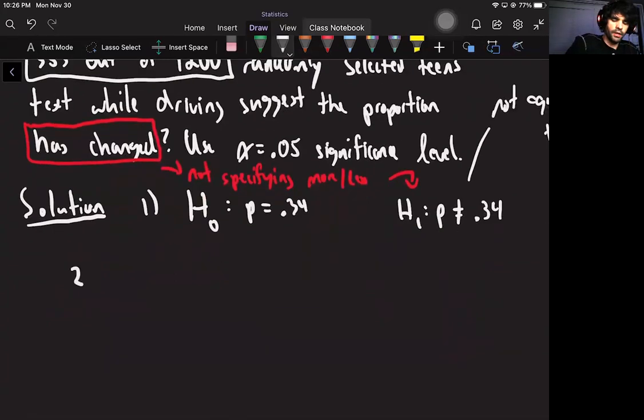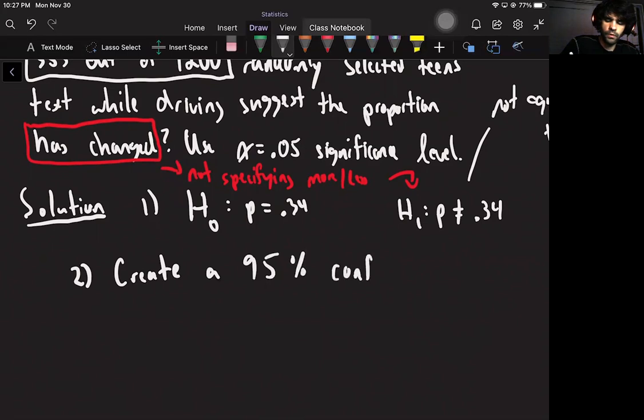And when it is like this, we can do the problem using confidence intervals. And it's a little bit easier than what we did last time. So that's why it's nice to do it this way. So to actually run the hypothesis test, we can create a 95% confidence interval, which we know how to do from a long time ago.